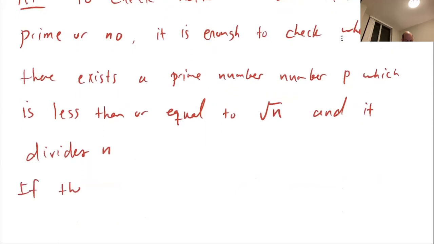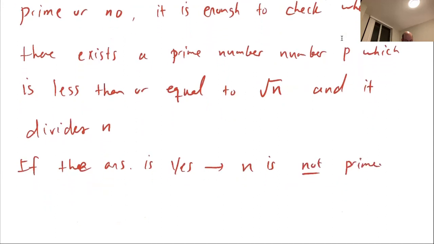If the answer is yes, then n is not prime. If the answer is no, n is prime.